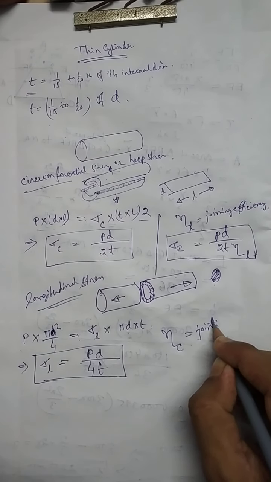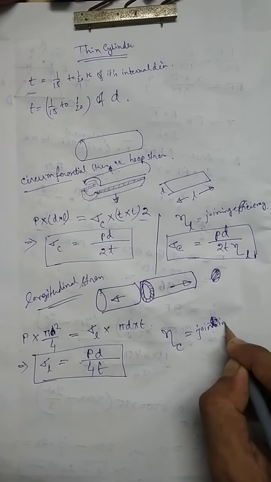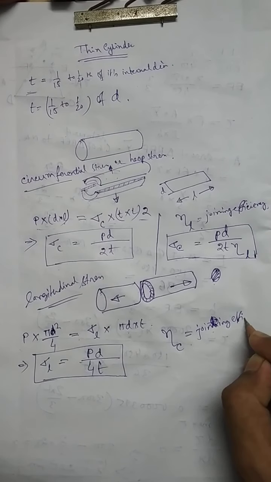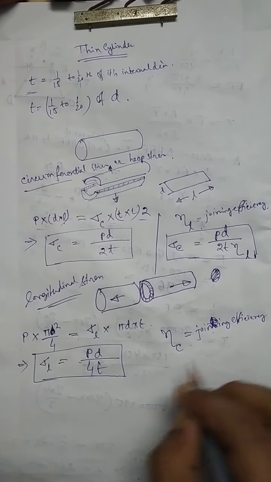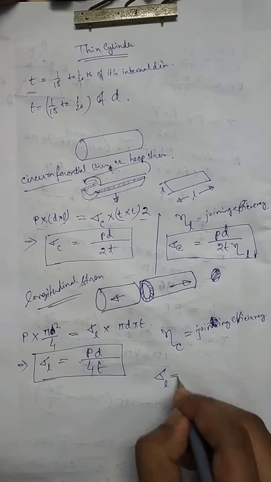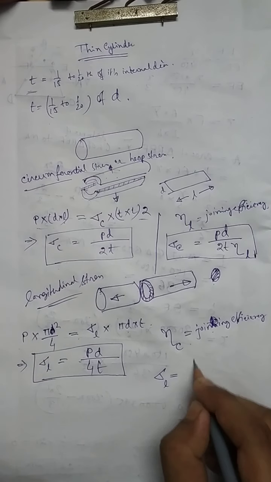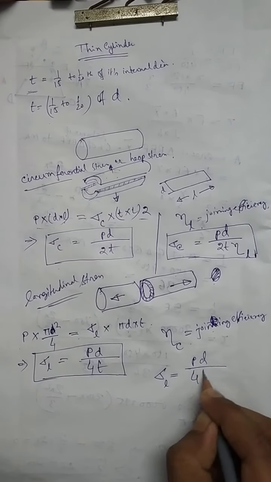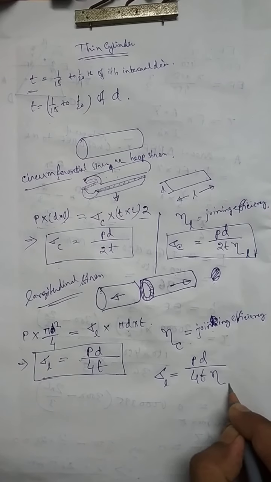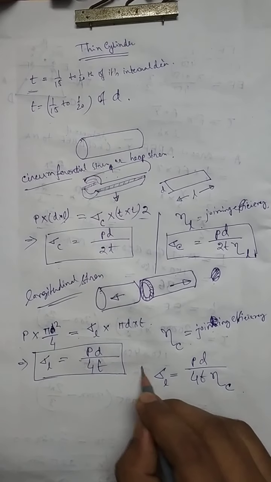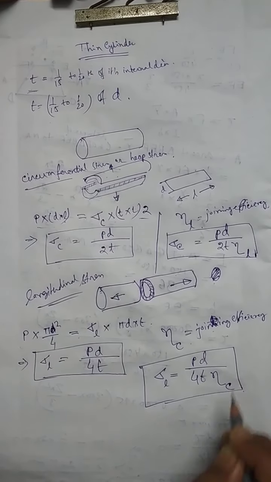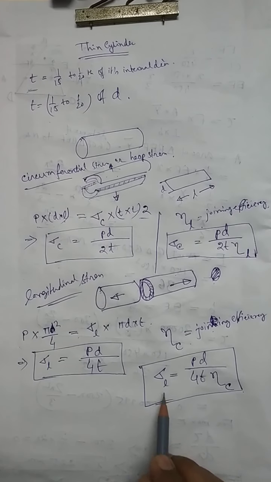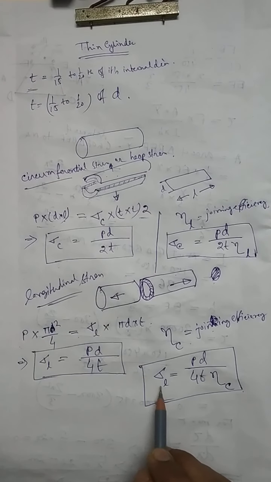So in such a case, the joint efficiencies will be expressed in this way, and this will be the permissible or the generated longitudinal stress.